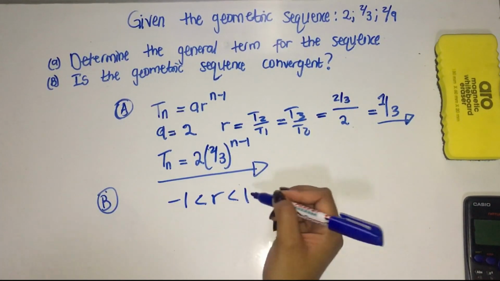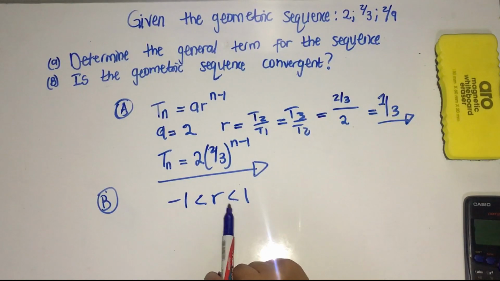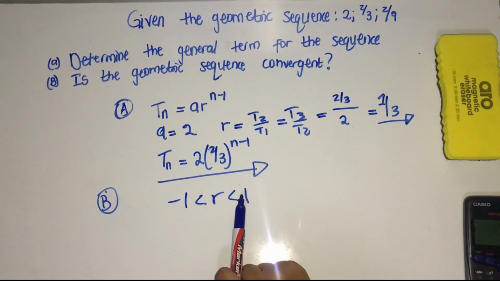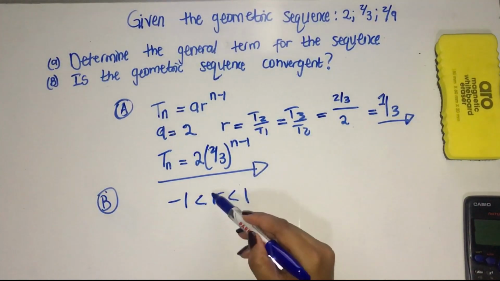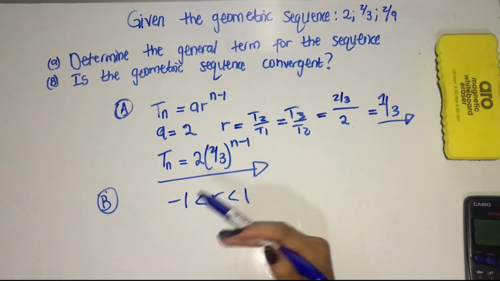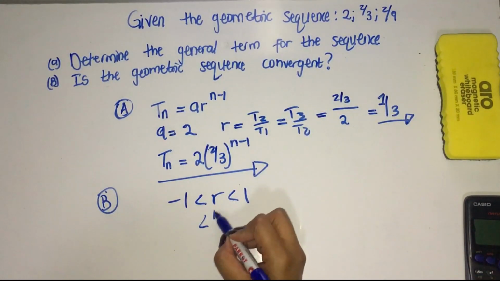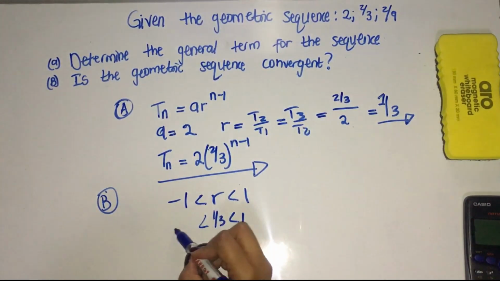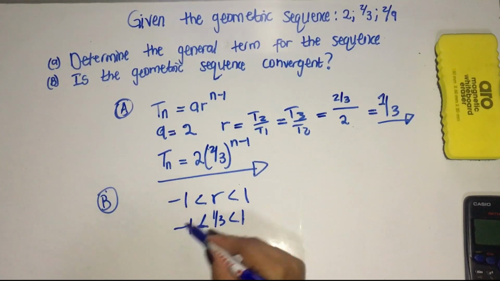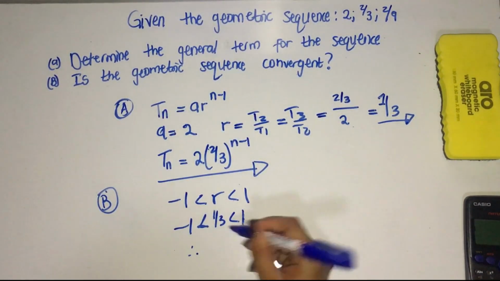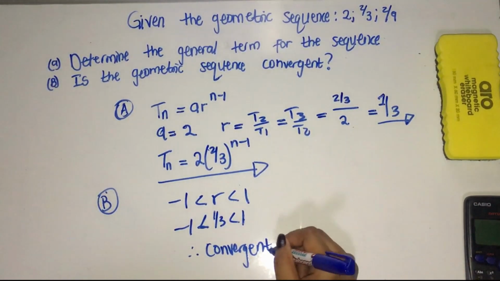All right, so if our R is less than 1 but greater than -1, then that would mean our sequence is convergent. However, if our R is not within this range, then it is not convergent. Now let us see, our R is 1 over 3, right? And we know that 1 over 3 is less than 1. However, 1 over 3 is greater than -1. So therefore, it is convergent. Easy as that.